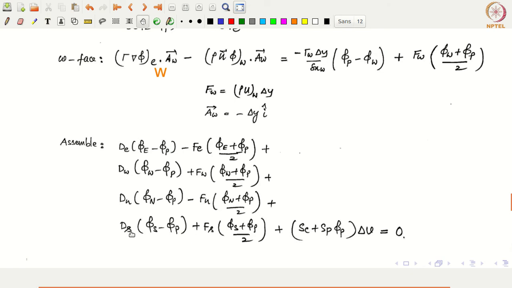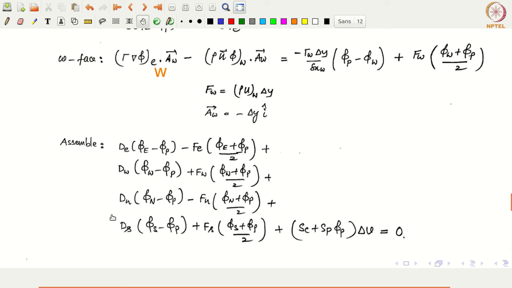So this would be d south times (minus phi p) plus fs times (phi south plus phi p)/2. This is basically coming from your diffusion terms and the convection terms, and we have of course the SC plus SP phi p times delta Vp equal to 0. So this is the final equation.